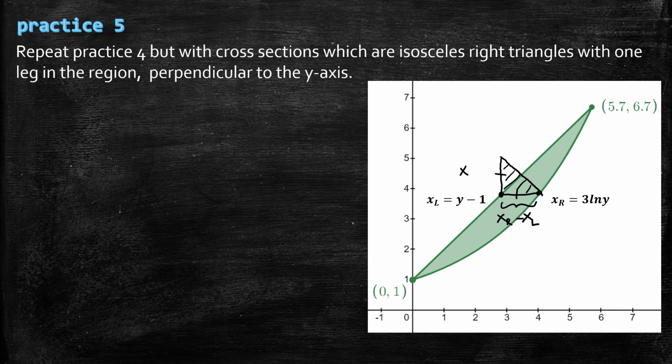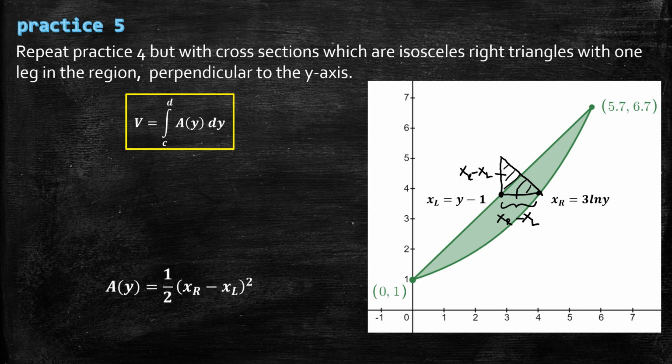And so this distance will be xr minus xl. So this is going to help get us the formula for the area of the cross-section. So here's the volume formula again. This time I've written it in terms of y, and I just use c and d as opposed to a and b to indicate that you have to be aware that the y limits, the upper and lower limit, change if you're doing it with respect to y.